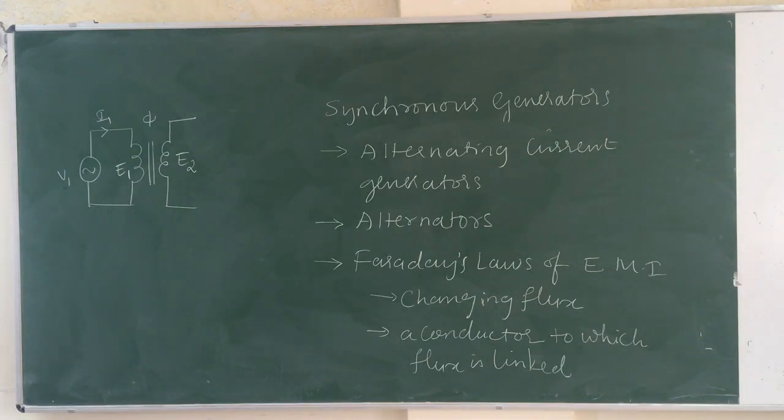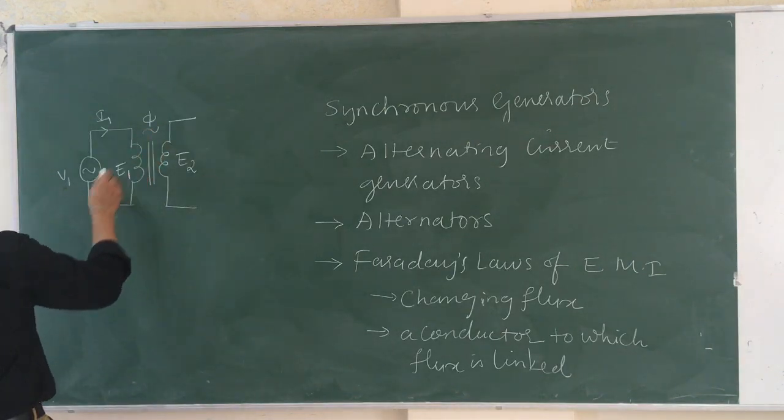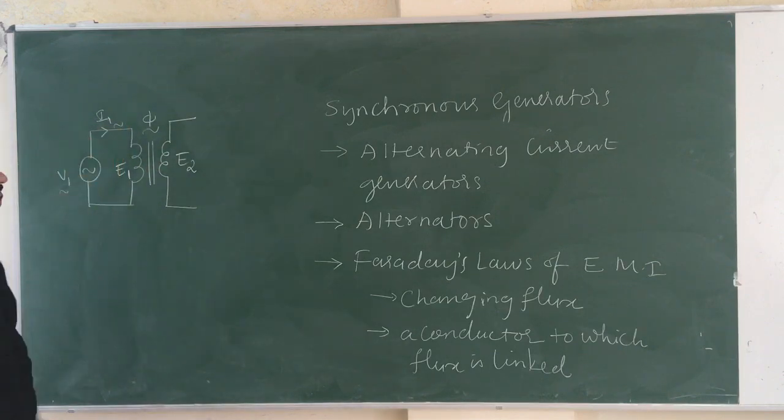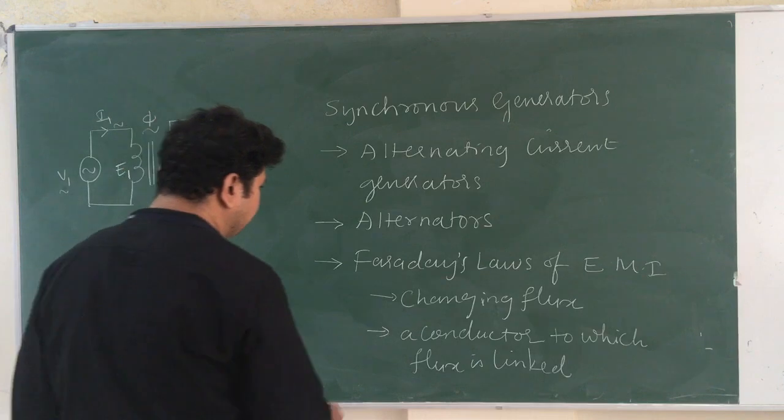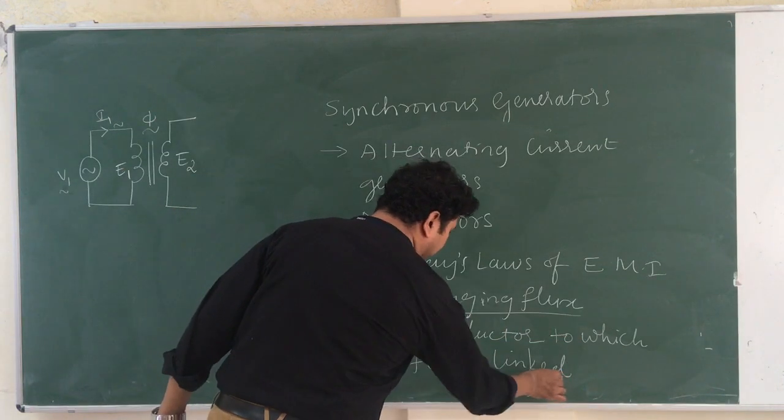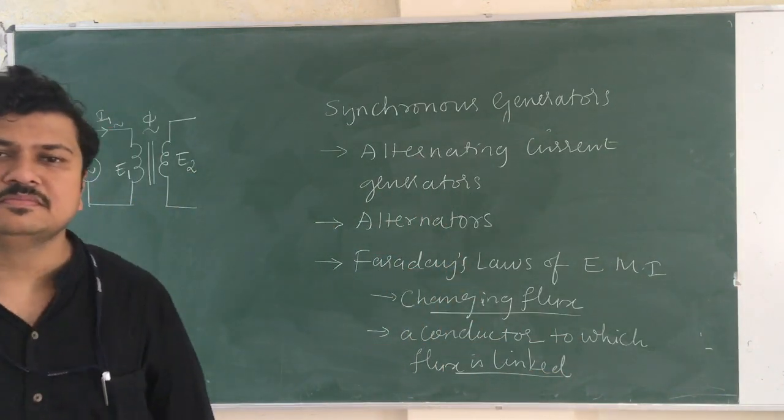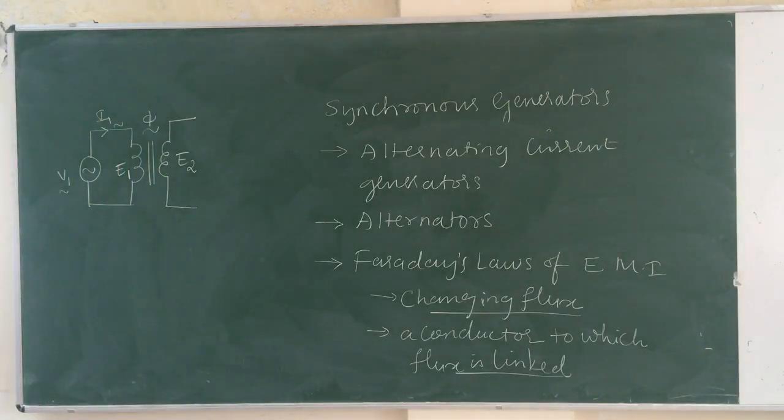Here it is not a big question to get the alternating flux, because it is obtained from the alternating source. But the question in the generator is, how do I get the changing flux linking a conductor?